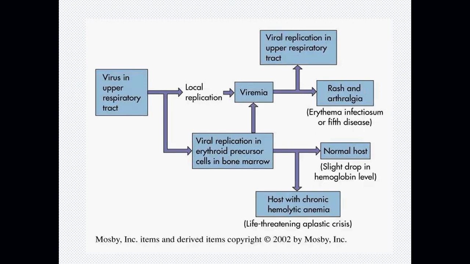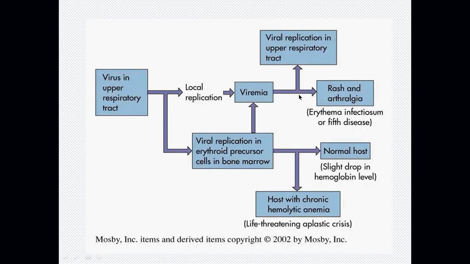This is the flow chart of the pathogenesis of parvovirus B19. It is primarily a respiratory tract infection because it is transmitted by the respiratory route. So it resides in the upper respiratory tract, then there is local replication at the site of the pharynx, and it replicates in the erythroid precursor cells in the bone marrow, resulting in generalized viremia.